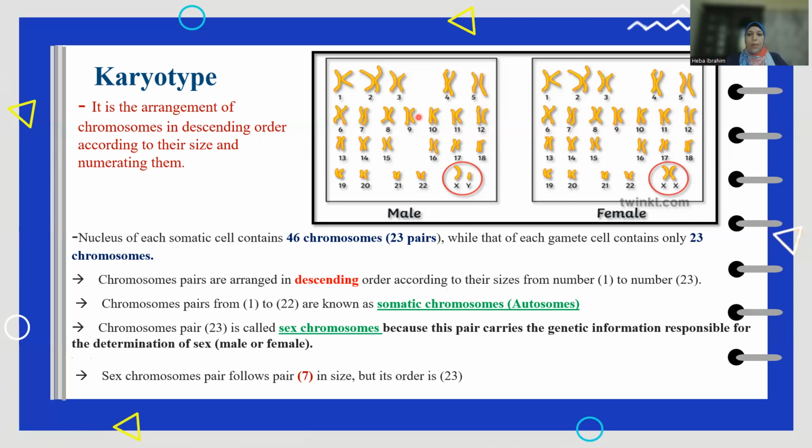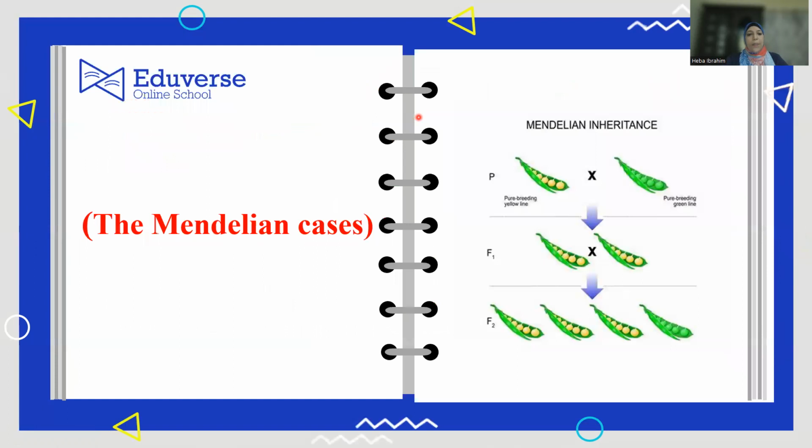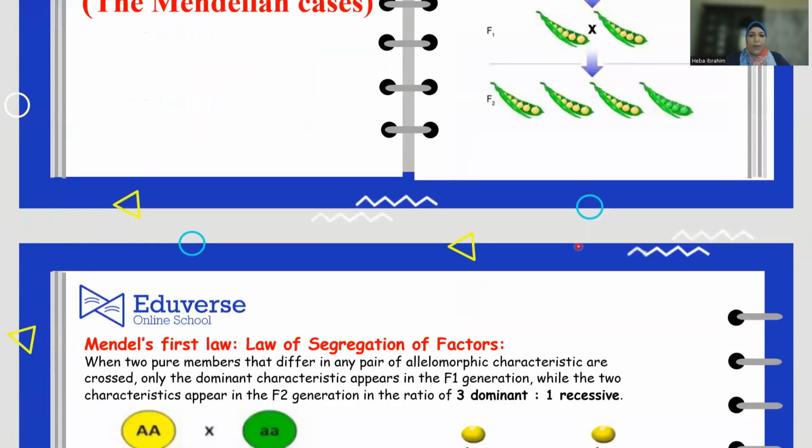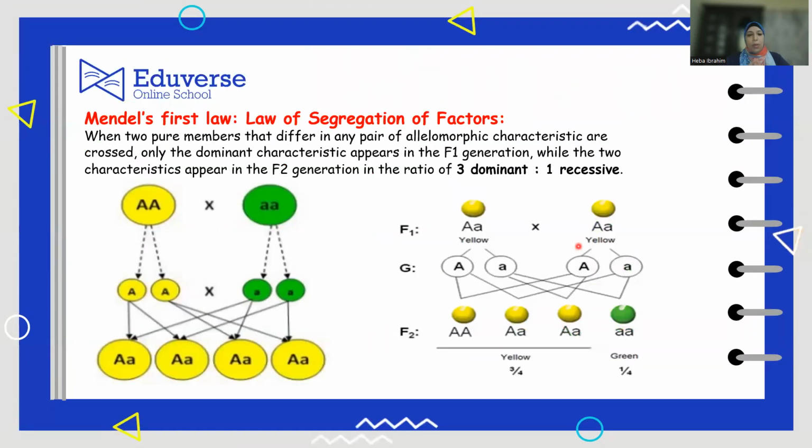Okay. Now, let's start our second topic, which is called Mendelian cases. I think that we studied this part before, last year in third prep, but let's remember together what the Mendelian cases are. Firstly, the first scientist who discovered and talked about the inheritance of genetic traits is Gregor Mendel.